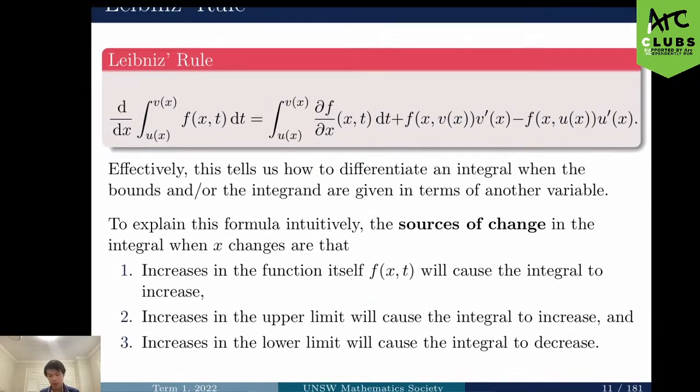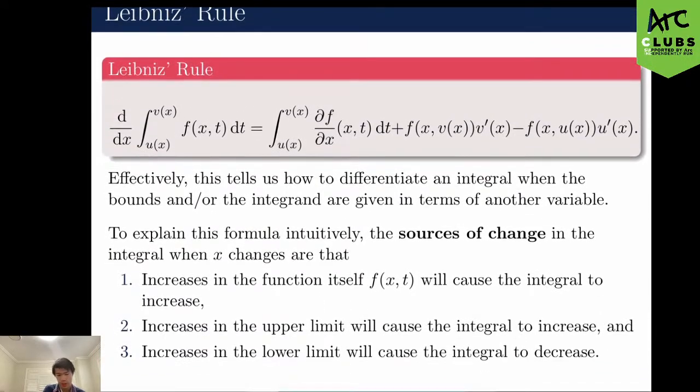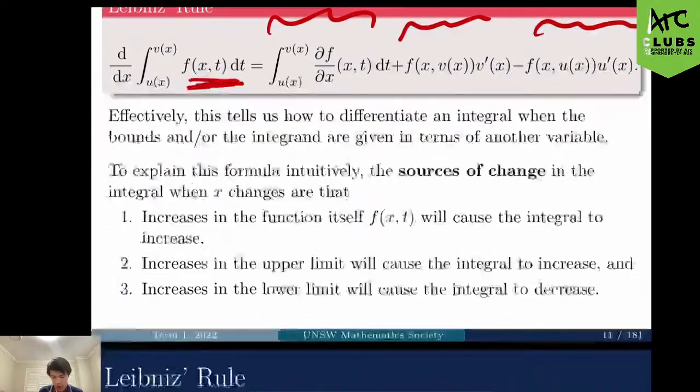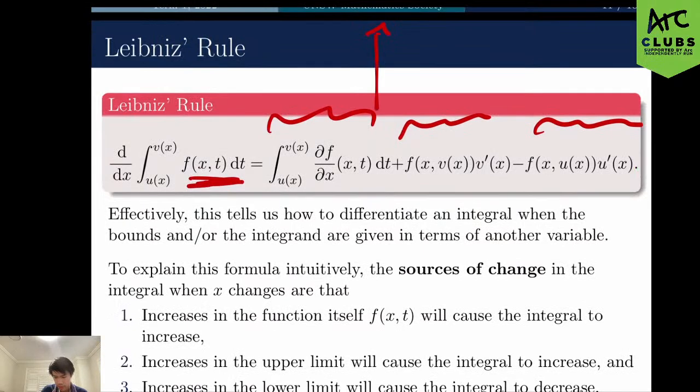Yeah, so what this means is the sources of change in this integral, when x changes, we can break down into 3 terms. First of all, well, let me think about it, right? Let's just say this function, we're integrating with respect to t from 1 to 2, for example. And then this function itself depends on x, right?